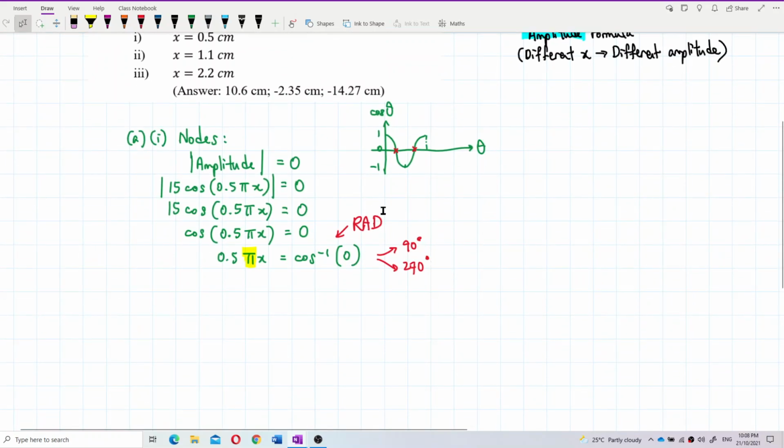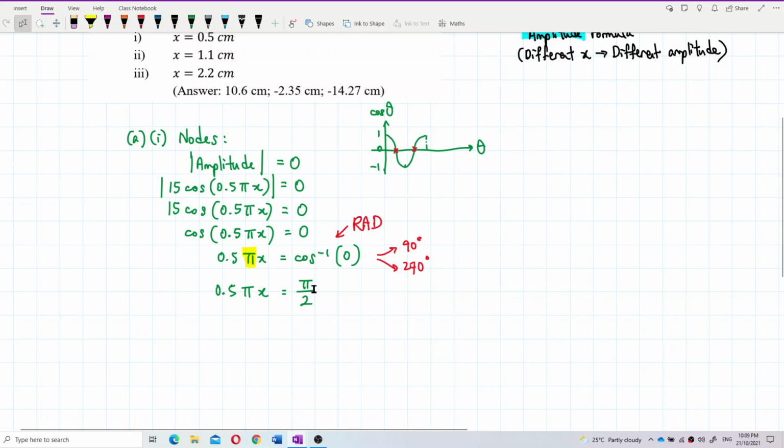So make it into radian. How to write in radian? Don't write degree, must write radian. So anti-cosine 0, you will get 90 degree. 90 degree in the form of pi is pi divided by 2.